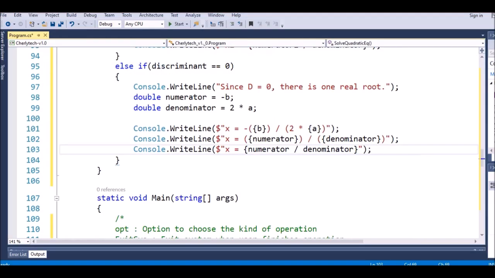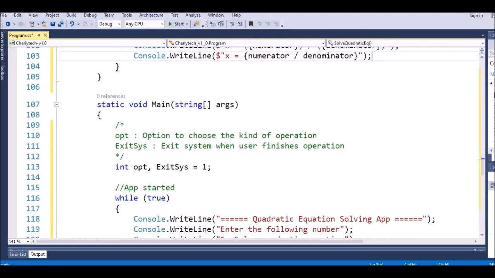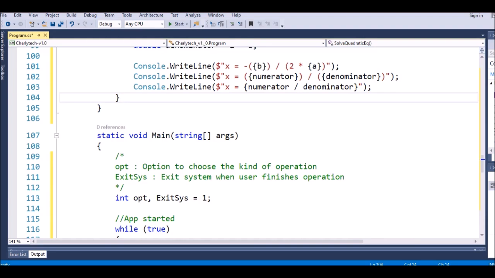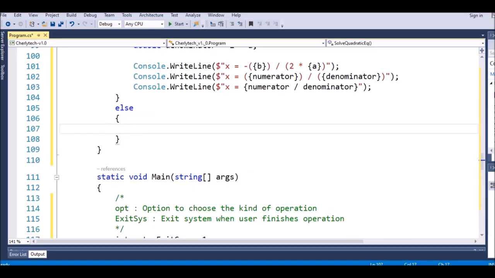So next we'll consider the case that discriminant is not 0 and not greater than 0. So next we calculate about else, right? For the else case we have the discriminant less than 0, right?